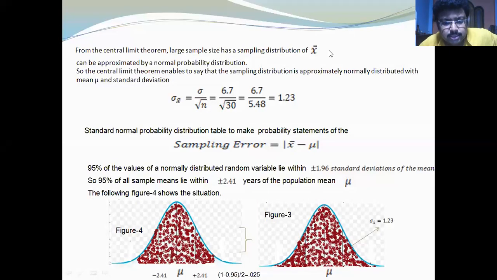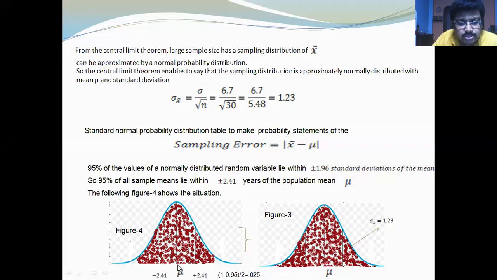So this is the distribution of sampling error around the population mean, and this distribution is a normal distribution.